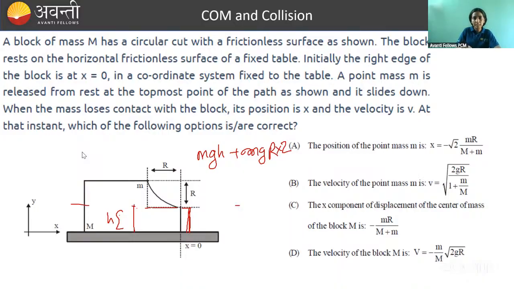If you write the final energy, finally h is not changing, right? The center of mass of this capital M mass in y direction is not changing, so this will remain the same.